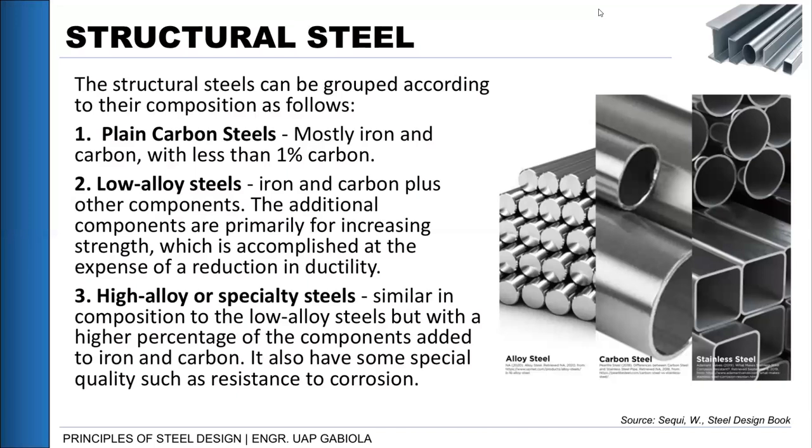So we have, ano ba, I think manganese, we have copper. So these low alloy steels are that type of steels wherein other type of elements are present dun sa composition ng mismong material natin.